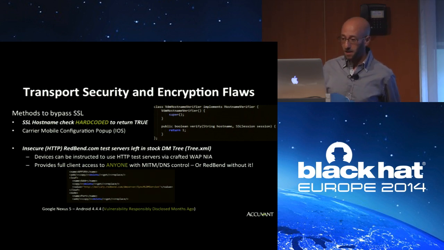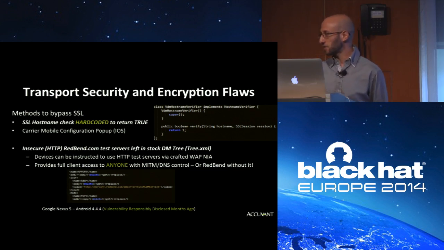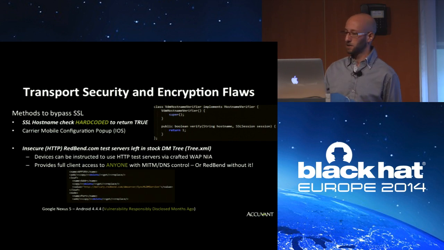Fun stuff there. Now on iOS, it's a little bit different. iOS has a little bit better SSL controls since they are not running Java. But if needed, all you need to do is provide a carrier mobile configuration pop-up. So if you're man in the middling, it'll pop up the screen saying update to this carrier setting, and you now have a certificate on that device and can man in the middle.